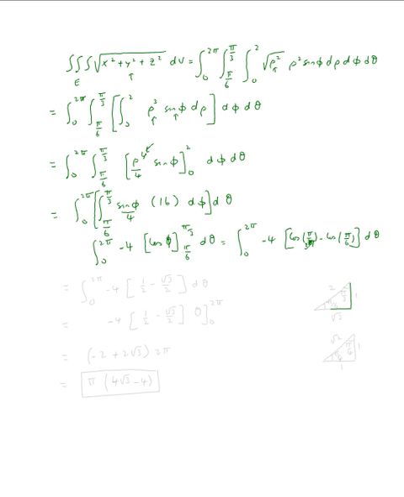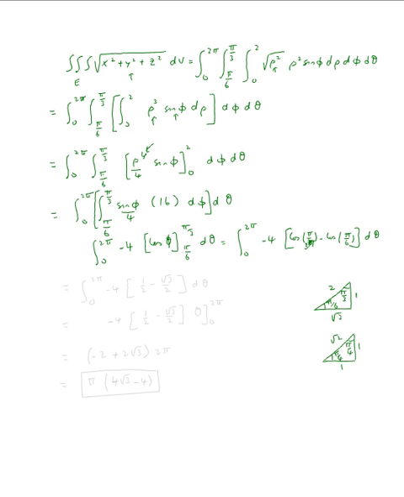Alright, what's the cosine of pi over 6 and cosine of pi over 3? I know this is 1, 2, square root of 3. This is pi over 6. This is pi over 3. Remember those two triangles you're supposed to memorize. 1, 1, square root of 2. This is pi over 4, and this is pi over 4.